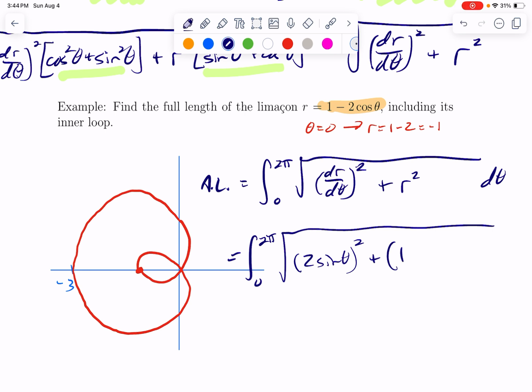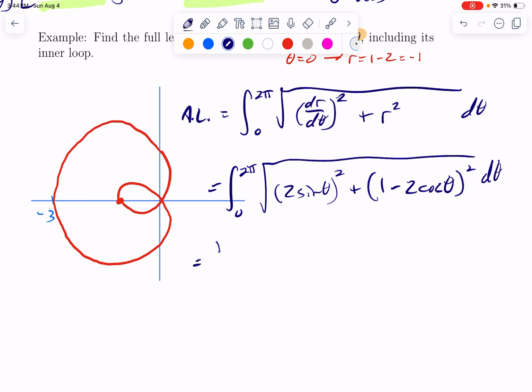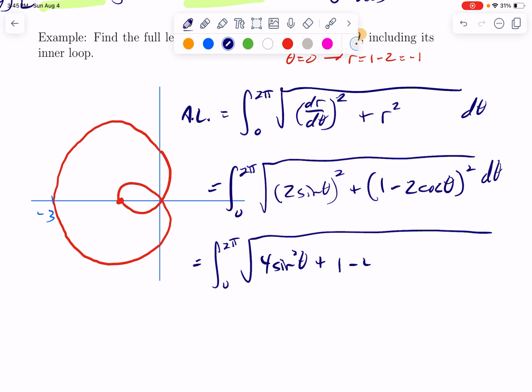And then we will square out this part. If you know you're ultimately putting this in your calculator, you could do it now. I want to demonstrate that this at least a little bit simplifies. This is 4 sine squared theta. This, when we FOIL it out, is 1 minus 4 cosine theta plus 4 cosine squared theta.